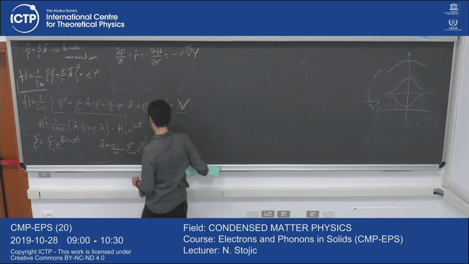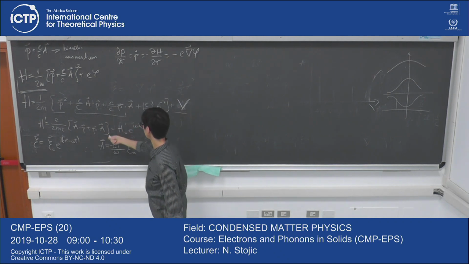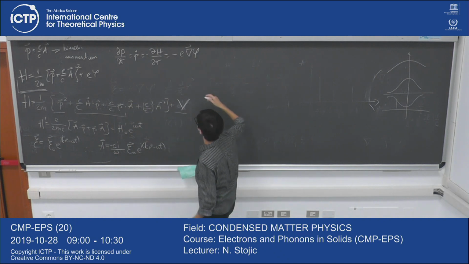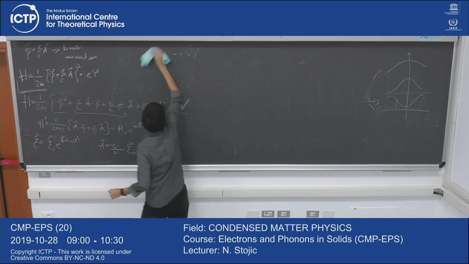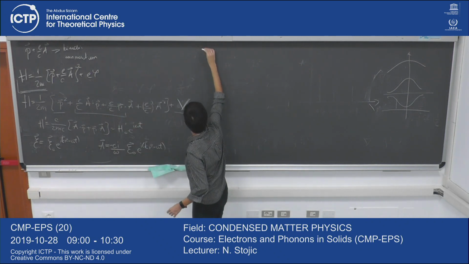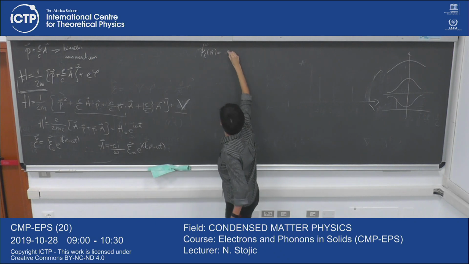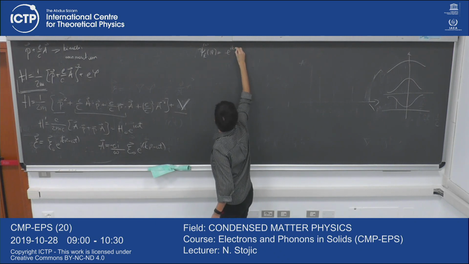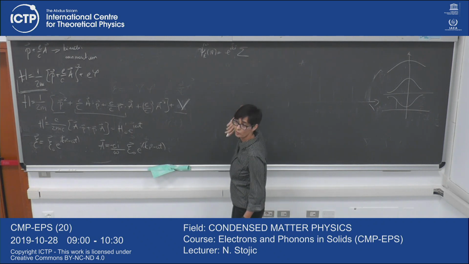So I have my vector potential, I have my perturbation, and I also need Bloch states. Bloch states I will write as e to the i k r, and the Fourier transform over G vectors.